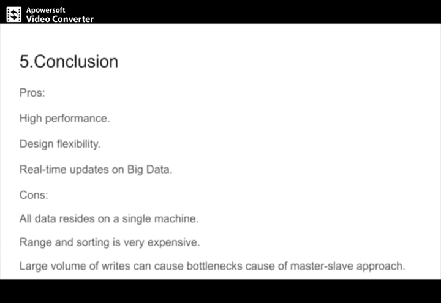Okay, so let's conclude this. We have seen the pros of Neo4j, like high performance because we don't have to go through joins and everything. We know that the design is very flexible, and real-time updates are possible on the graph database.